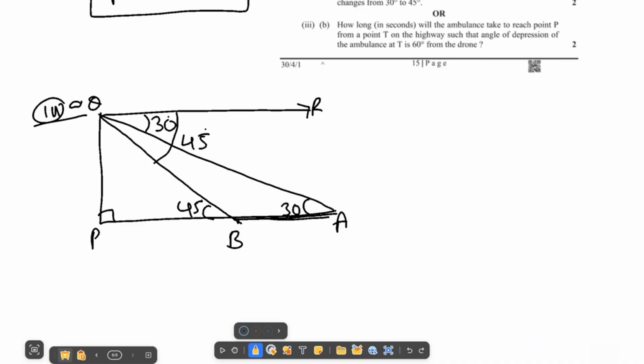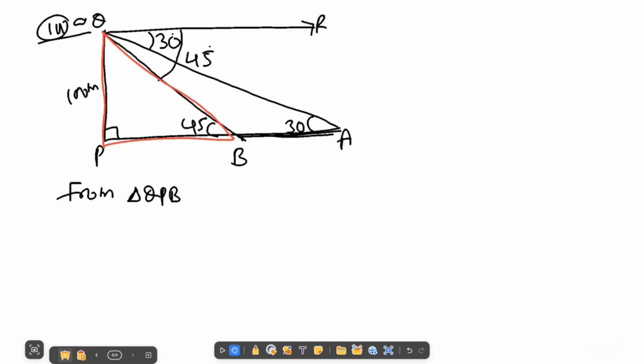To find the PB distance, let us take the triangle QPB. From triangle QPB, with respect to 45, QP is the opposite side and PB is the adjacent side.